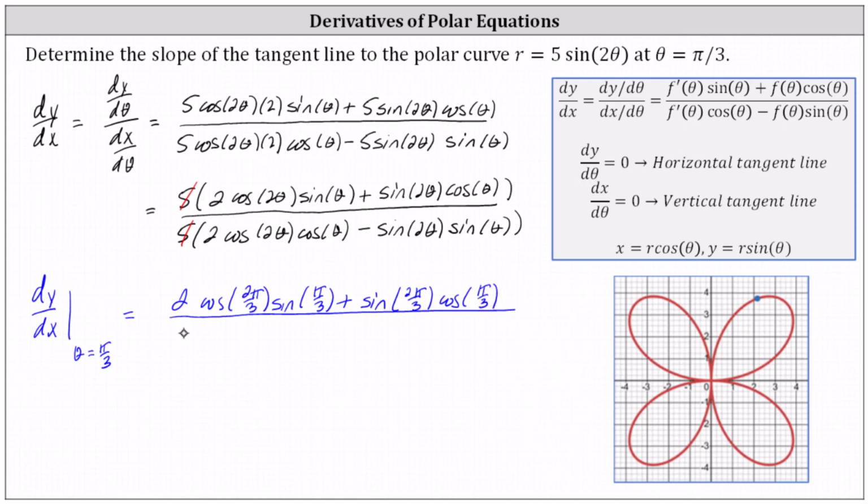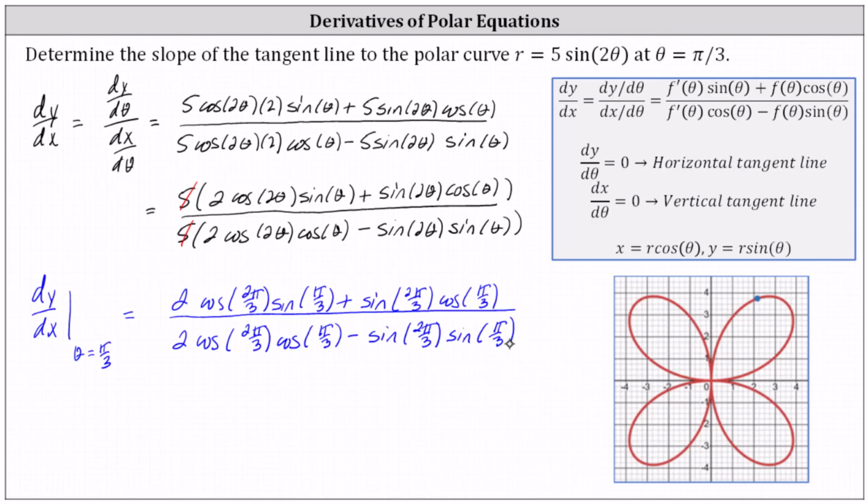All this is divided by 2 times cosine 2 pi divided by 3 cosine pi divided by 3 minus sine 2 pi divided by 3 sine pi divided by 3.